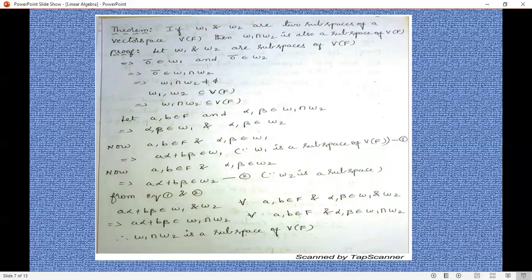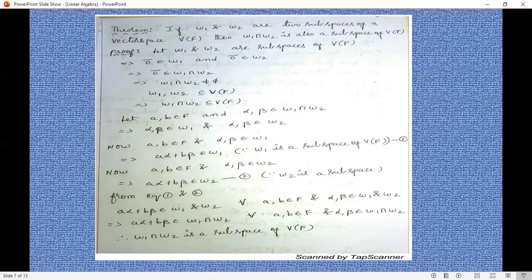That means it is enough to prove that W1 intersection W2 itself is a vector space. So by the previous theorem, we have no need to prove all the statements. It is enough to prove that for the elements in W1 intersection W2 and the scalars, the property a alpha plus b beta belongs to W1 intersection W2 holds. Okay.